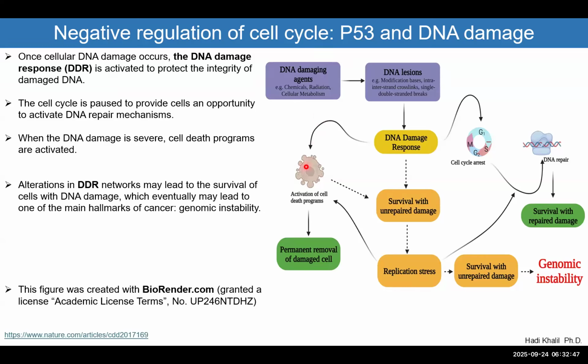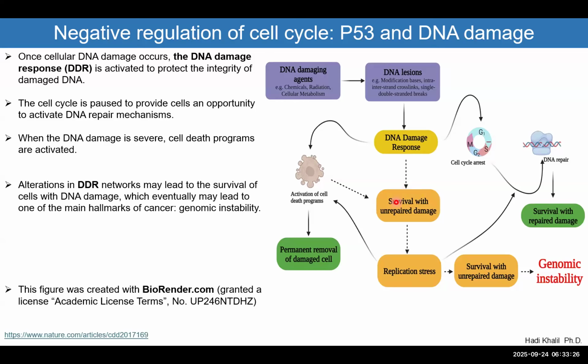It will activate the apoptotic program and cause the removal of that cell. However, the cells don't always go through that route because this DNA damage response could, in fact, cause a pause in the process, but then eventually the cell can continue the cell cycle. So it will just make an arrest of the cell cycle for the moment so that it could be adapted, corrected, repaired, and then proceed within the cell cycle.